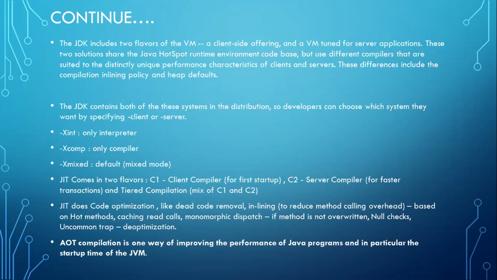In the second scenario, Java came up with a feature called just-in-time compilation, and it says if you are executing the same method or piece of code, let's say n number of times, before it becomes a hot method, let's not do the interpretation again.